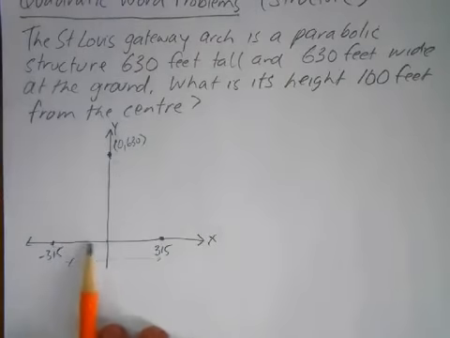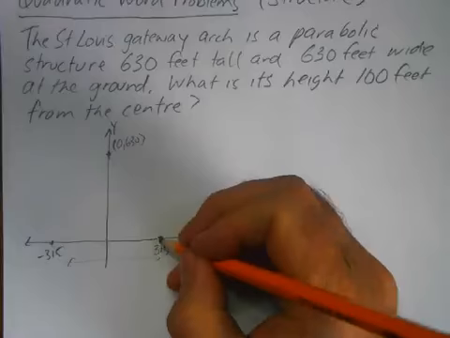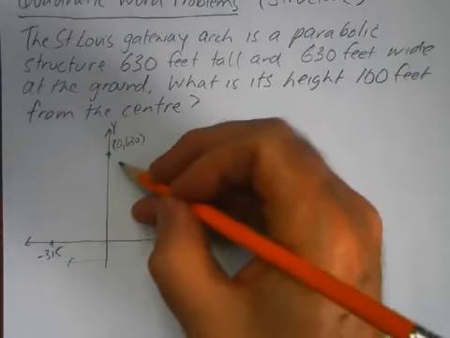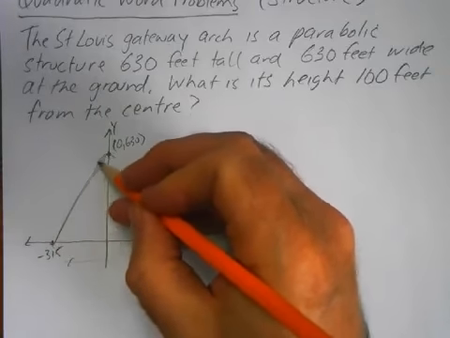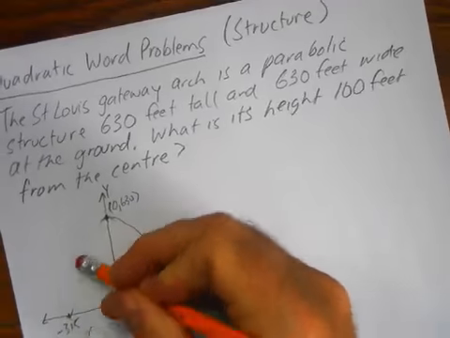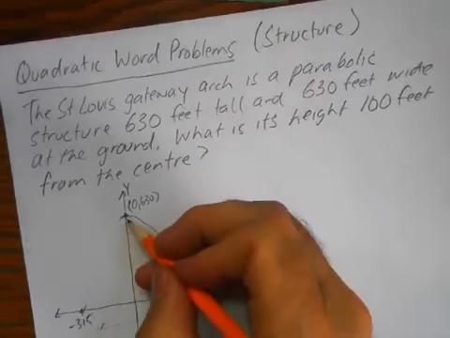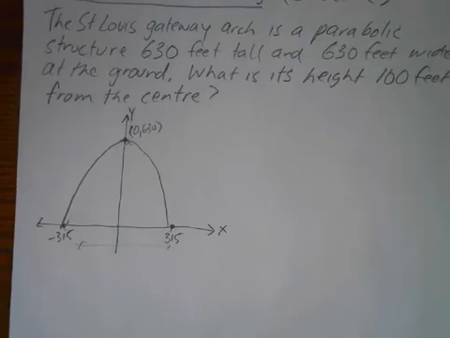If you take the distance, 315 to there, another 315 to there, that's 630. These are like my x-intercepts. So when I draw my arch, the arch looks something like that.